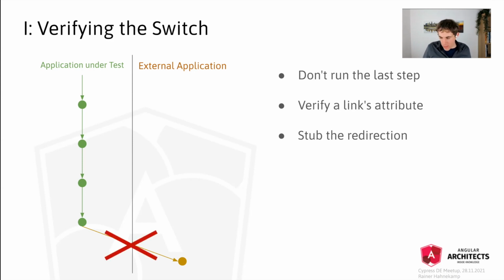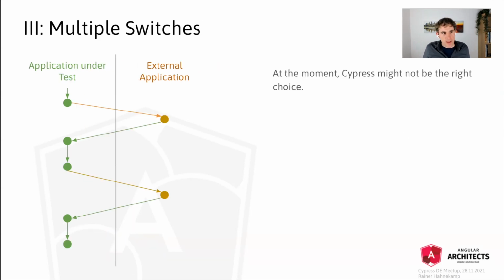Now we don't need Playwright for that right now. We skip the second one because we will focus on that afterwards. I just want to go to the extreme one where we have really multiple switches. Although it is theoretically possible to do it with Playwright or another approach, I would recommend that when you really need to write such a test, and maybe as hard as it might sound, maybe Cypress might not be the end-to-end framework you want to use, maybe you want to switch.